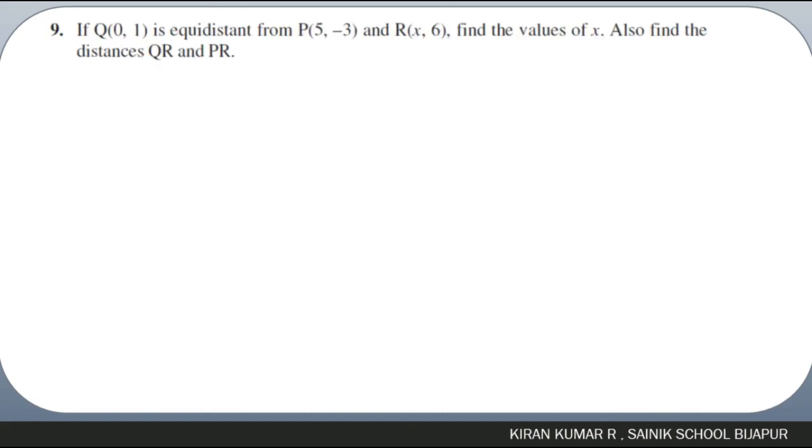Question number 9. If Q(0, 1) is equidistant from P(5, -3) and R(x, 6), find the value of x. Also find the distances QR and PR.